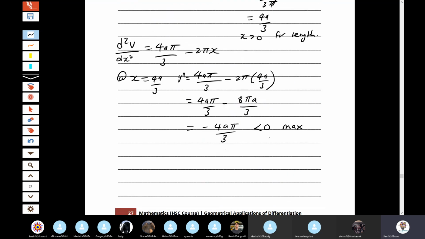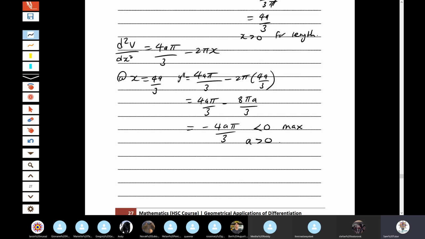Yes, A. What if A was negative? It would be a minimum. If A was negative, you would have concluded this is greater than 0. It's a minimum now. You have to say A is greater than 0.